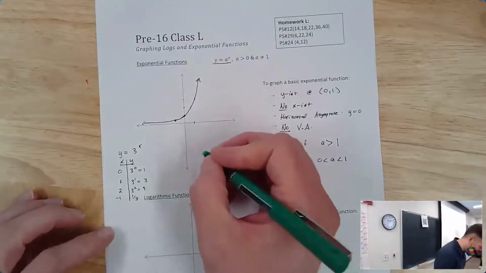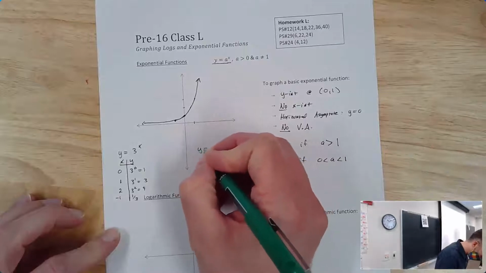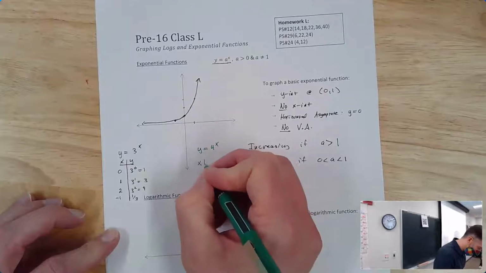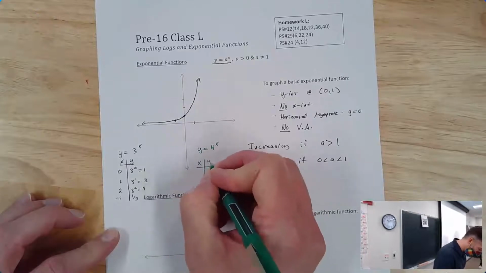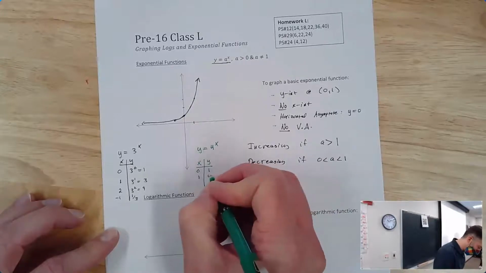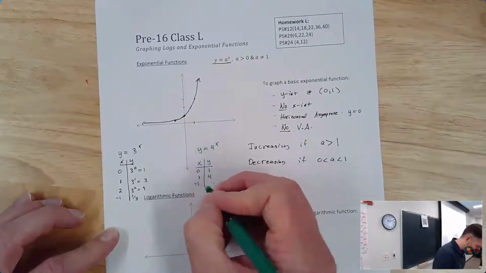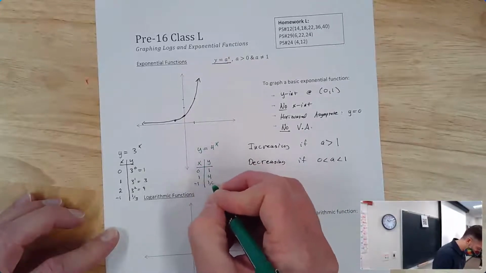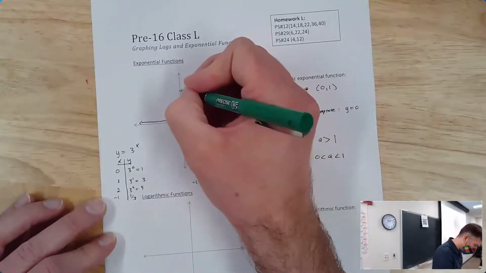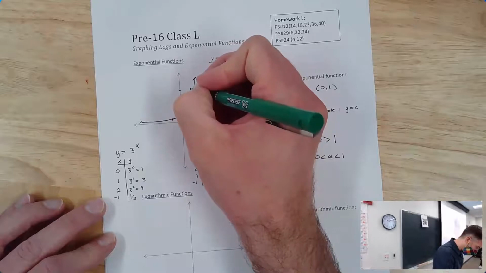So if we were going to graph, for example, y equal to 4 to the x, I'm just going to plot a couple points. If x is 0, y is 1. If x is 1, y is 4. If x is -1, y is 4 to the -1, which is 1/4. So instead of getting the point 1, 3, I get the point 1, 4.